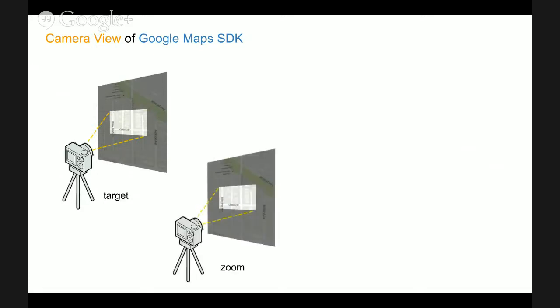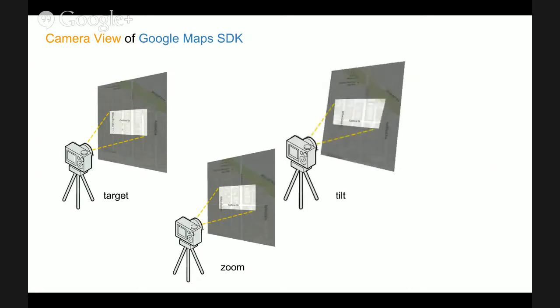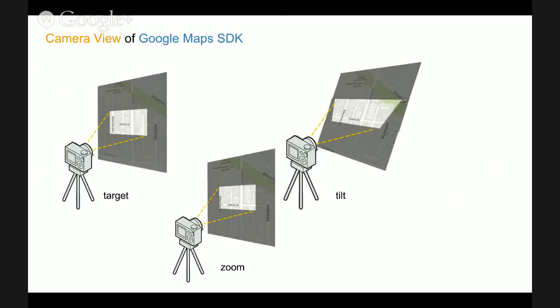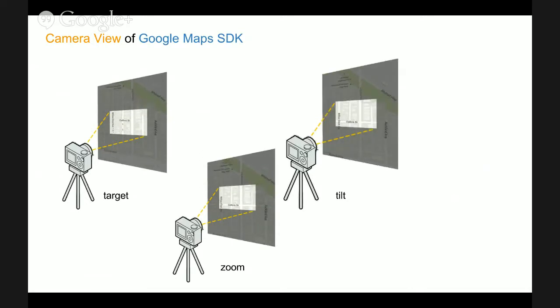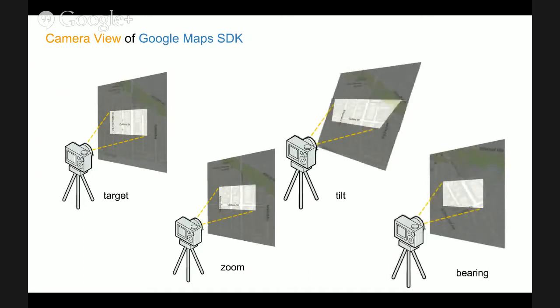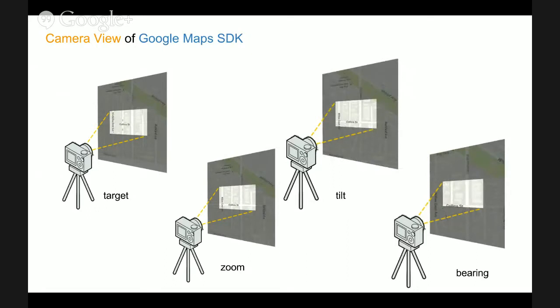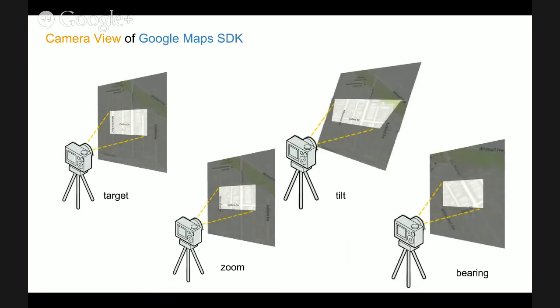The zoom parameter indicates the zoom level of the camera. The tilt parameter indicates the view angle. You can specify the tilt value between 0 and 90 degrees. The bearing parameter indicates the direction in which a vertical line on the map points.